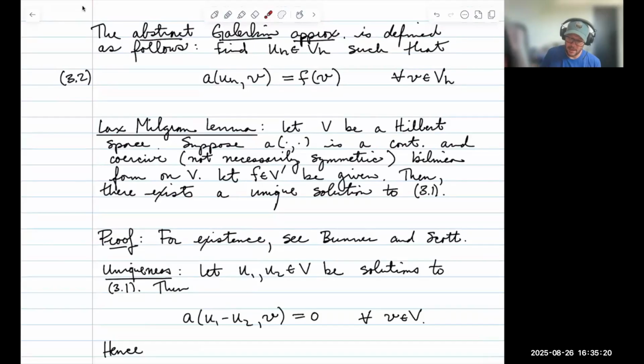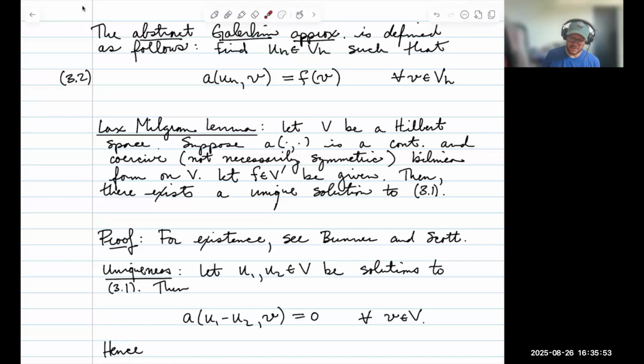What are we assuming about A to get this? Well, we're assuming that A is a continuous and coercive bilinear form, but we're not necessarily assuming that A is symmetric. We are assuming that f is a bounded linear function from V into R. So that's what we call a functional. Then we know that there exists a solution to 3.1, kind of like by magic. But it's not magic, it's mathematics. We assumed all the right things for the solution to exist and to be unique.